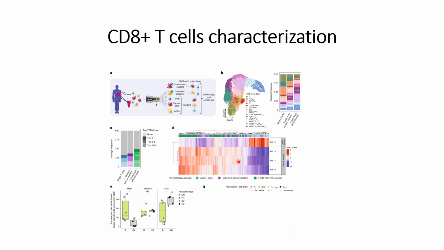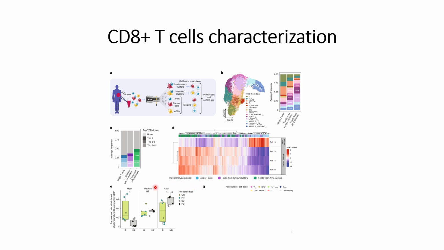So they are more reactive towards the tumors, which can indicate that these T cells in the clustered form with tumors or APC are more prone to have an antigen specific response against tumor antigen compared to the single T cells.